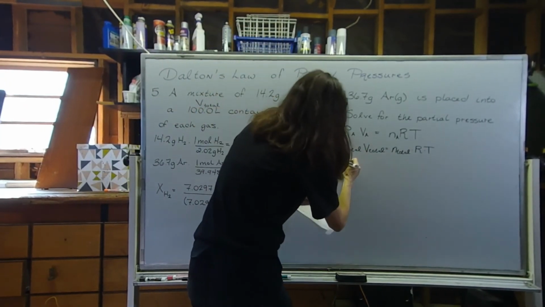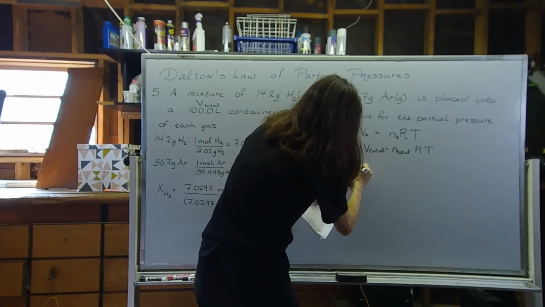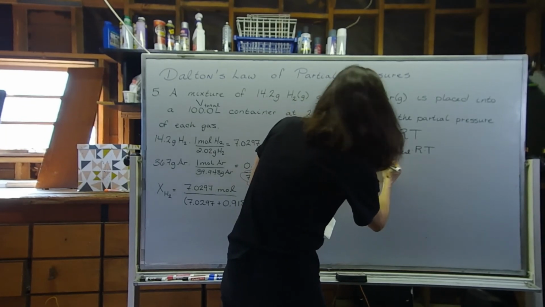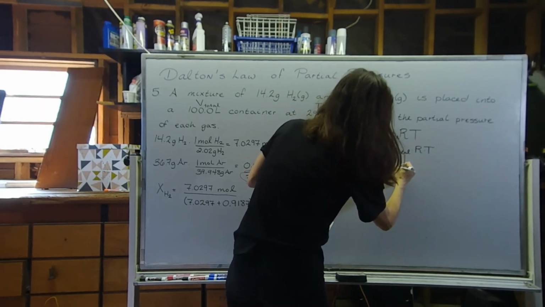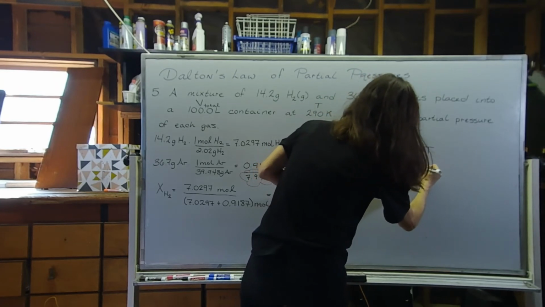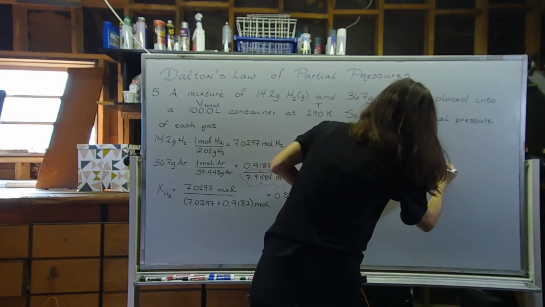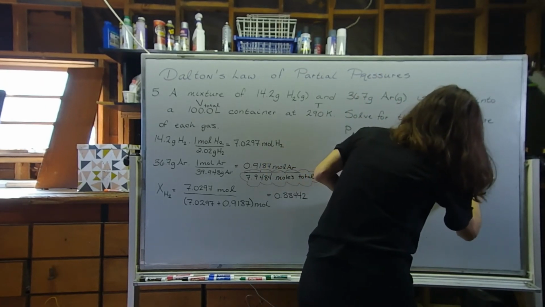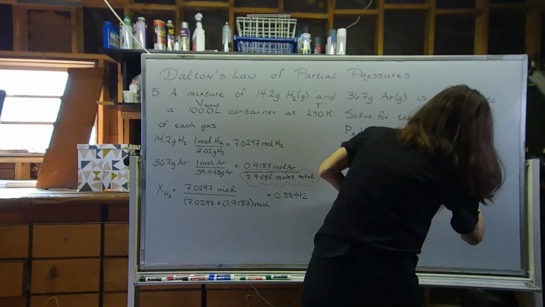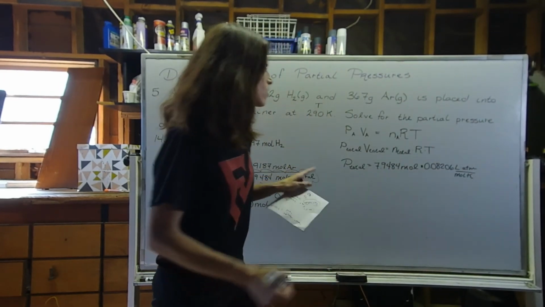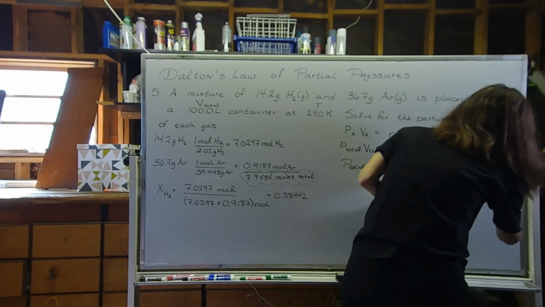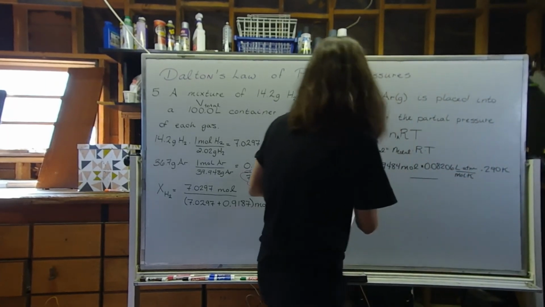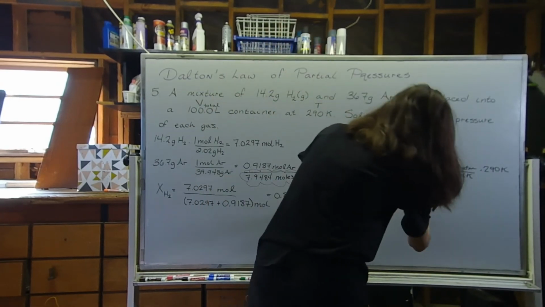So let's start plugging and chugging. Total pressure is going to equal those total moles, 7.9484 moles times R times temperature. It better be in Kelvin, and it is 290 Kelvin. And I want to divide the whole thing by the total volume, which is 100 liters.